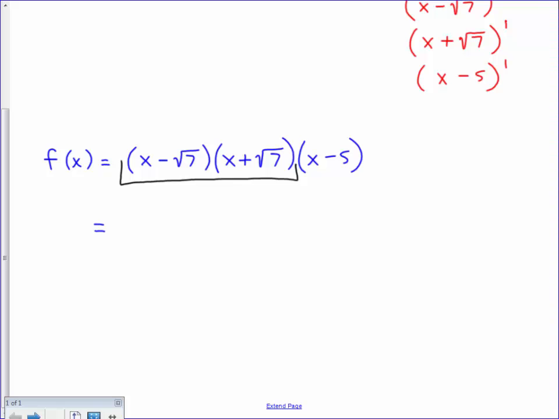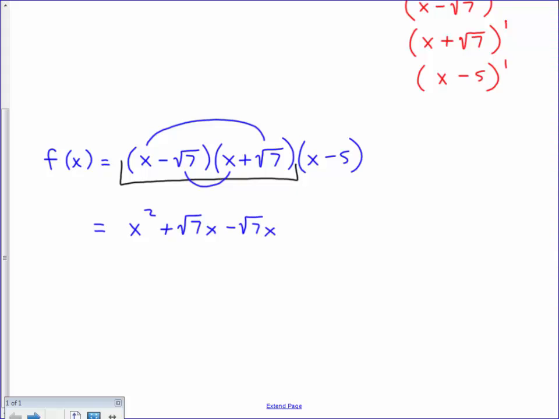So when I FOIL this, I would have x times x would be x squared. When I multiply the outer, I'm multiplying x times the square root of 7. Well, that would just be square root of 7x. And then when I multiply the inner, it would be negative square root of 7x.